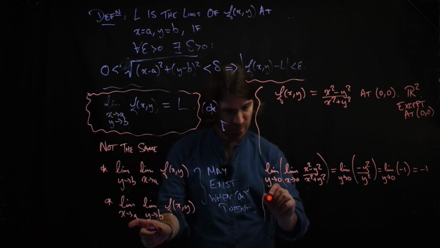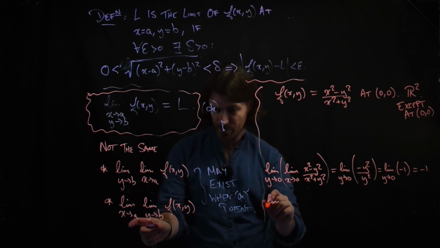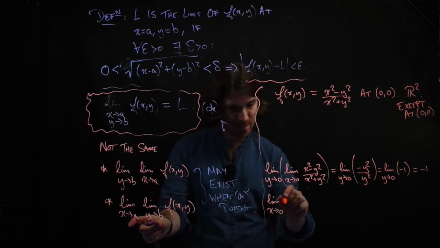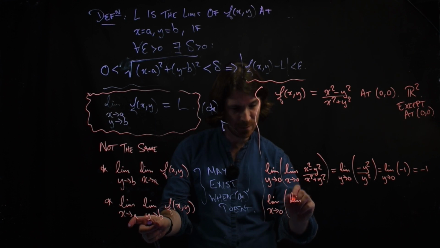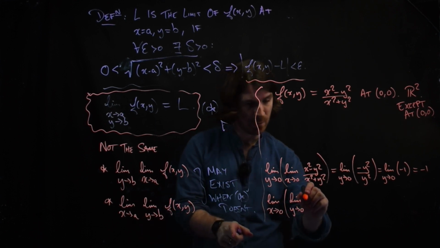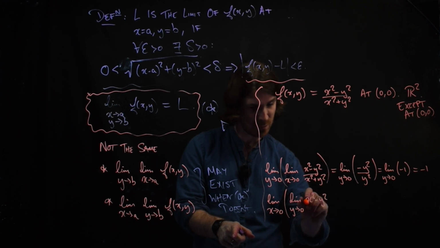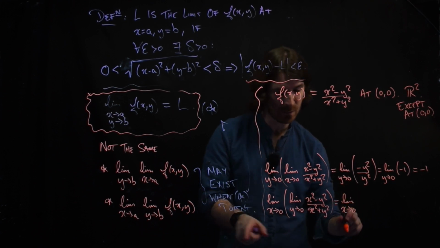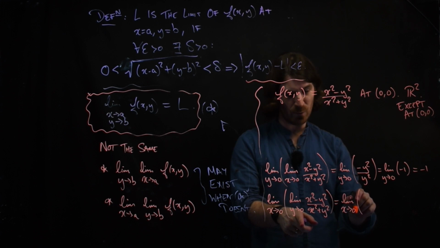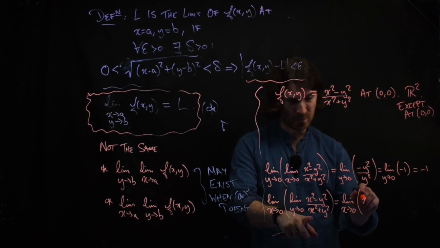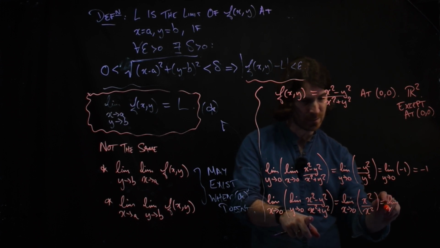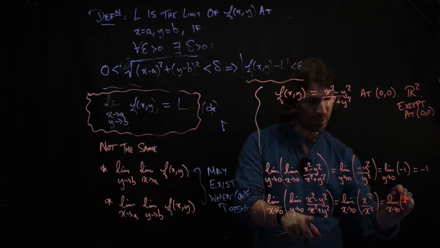Now let's think about the limit taken the other way around. So we do the limit of x to 0 last, after we do the limit y to 0 of the function x squared minus y squared over x squared plus y squared. So this equals the limit of x to 0, and now we're putting y equals 0. So this becomes x squared over x squared, which is the limit x to 0 of plus 1.